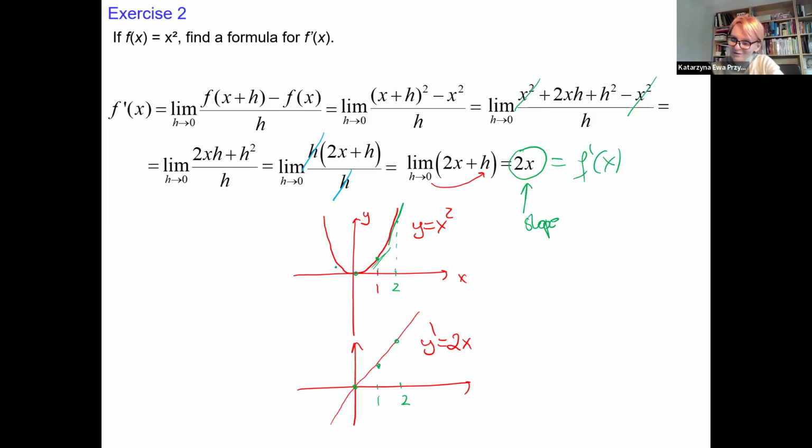For negative 1, of course, we can see it is decreasing. It will be negative 2. For negative 2, it will be lower, negative 4. And then if we find more points, we can definitely plot all of them. And actually that's the graph.